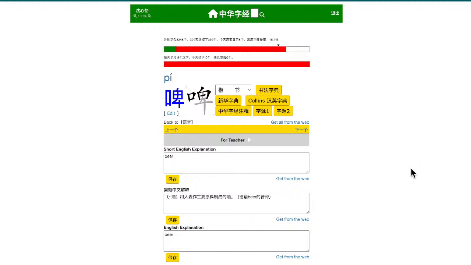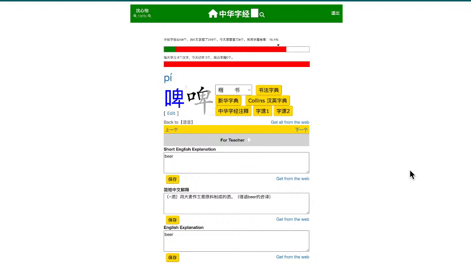Let's say it this way: this is not something original from ancient times. This is a new invention, specifically for beer. Because beer is a Western thing, a Western Europe thing.